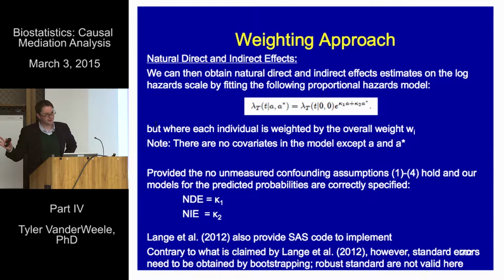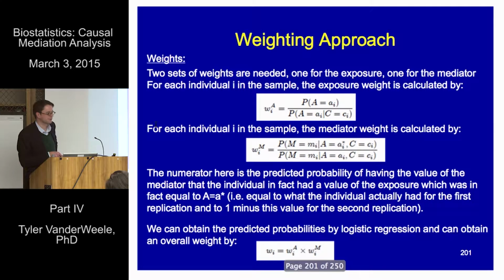We don't include other covariates in the model. We're going to take care of control for confounding by the other covariates by weighting. So we just regress our outcome using proportional hazards models on our actual exposure A and our modified variable A star. Those are the only two covariates in the model, but we weight this regression by that overall weight that we calculated here.